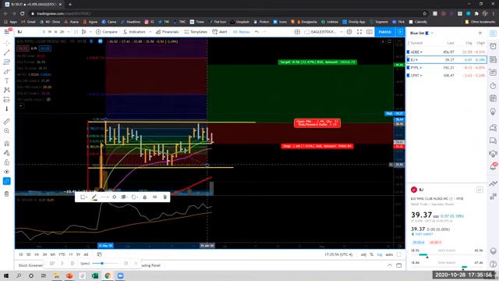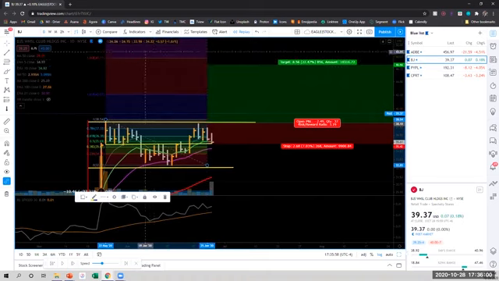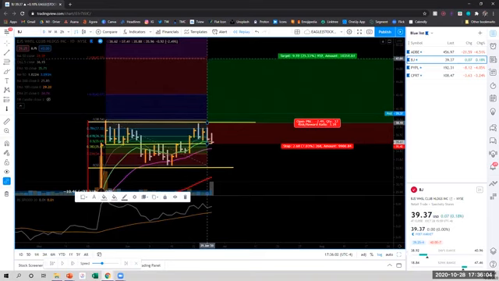Well, it is sort of close to the 2618 level right there. Let's see what happens if we move it up. If we're at 25%, then we're right at that 2618, right?